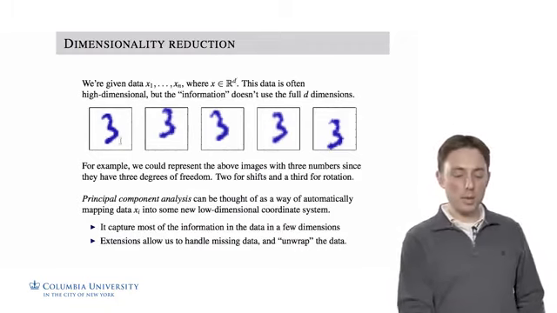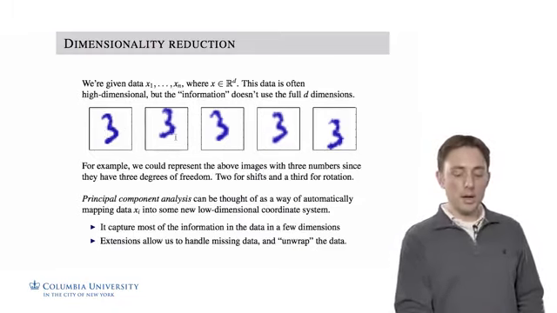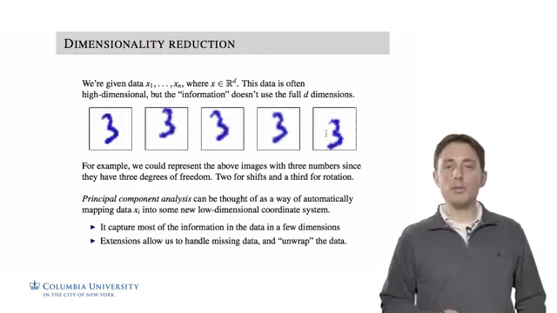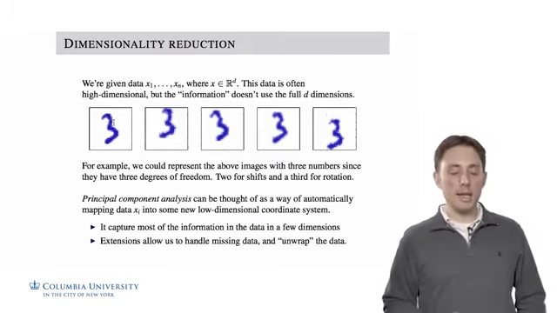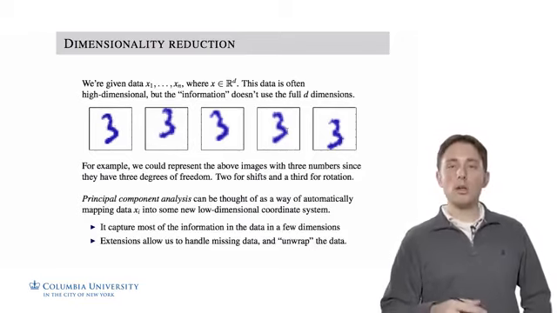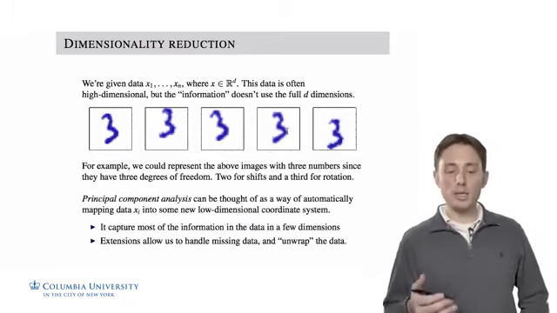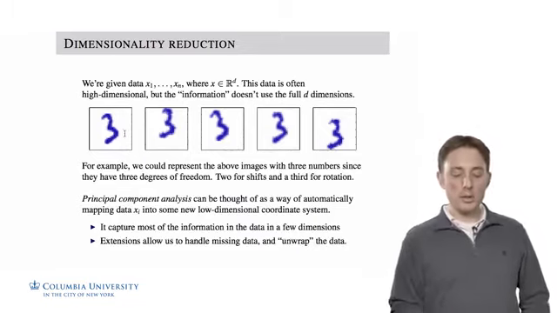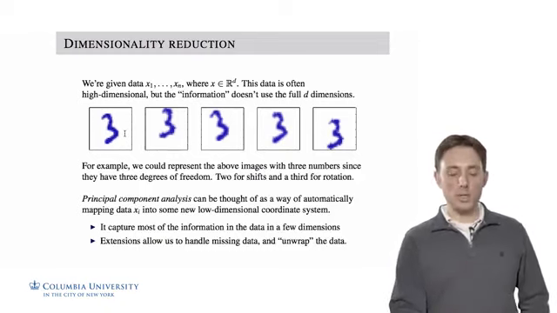Here's an example of that where we have high dimensional images. If we view each image as a point in a very high dimensional space, we would have these five different points all in the same space. However, instead of having to represent it in that image space, you notice that these 5 images all really can be captured by 3 numbers, since all we need to do is learn a shift and learn a rotation: 2 shifts and 1 rotation for these 3 images.